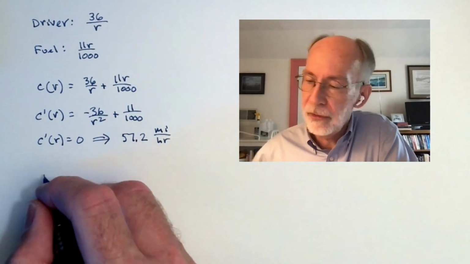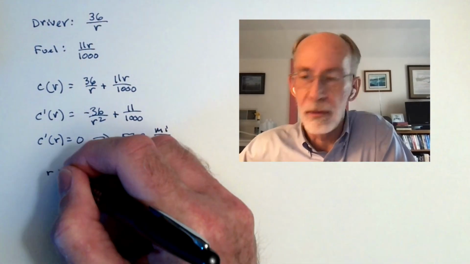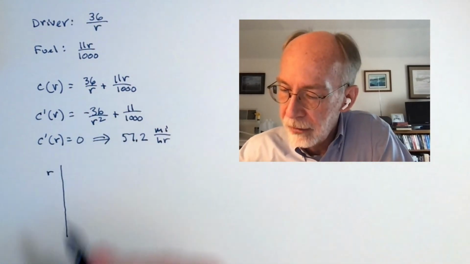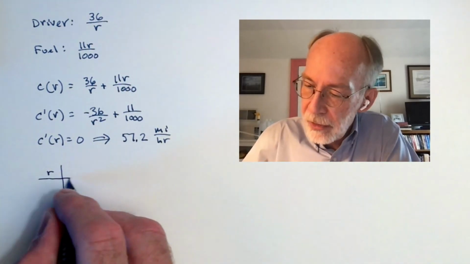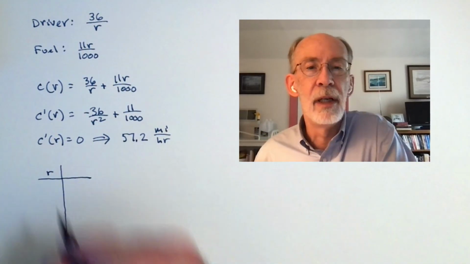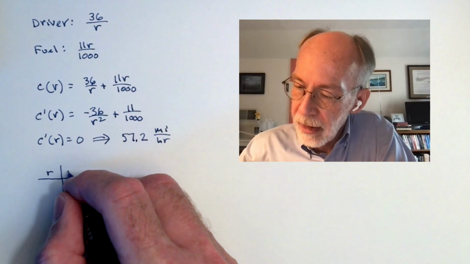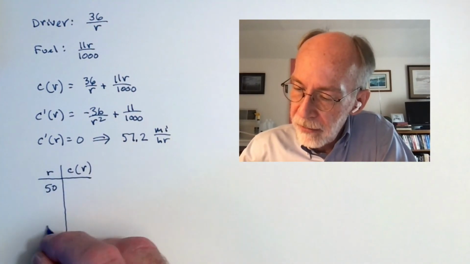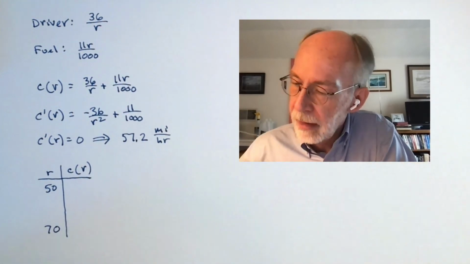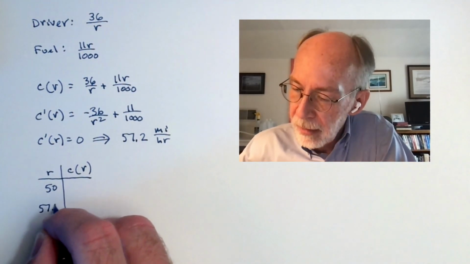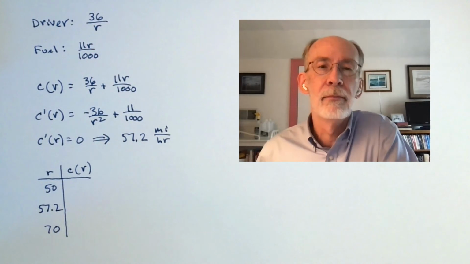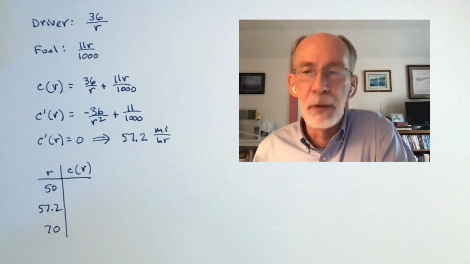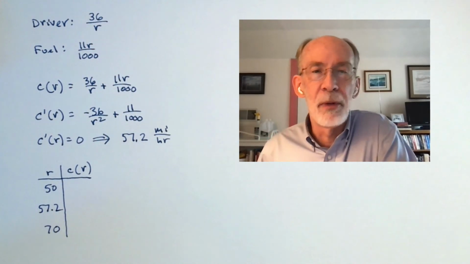So there are three places we have to consider, three different rates that we have to consider as candidates for the location of the minimum cost per mile. So here's R, here is C of R, and we need to take a look at 50 and 70, and we now know 57.2. So you all know arithmetic. I won't go through the motions on this.